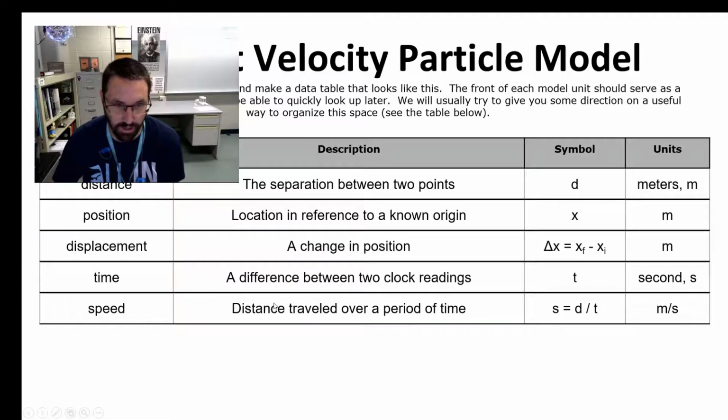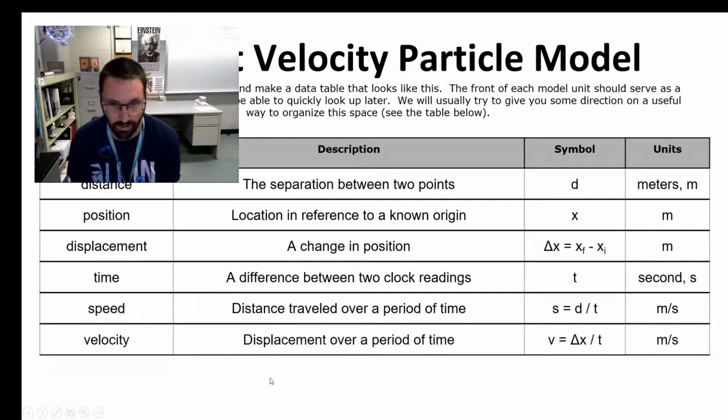And then the last major physical quantity we're going to be looking at is velocity. Velocity is your displacement over a period of time, also measured in meters per second. So the formula is v equals change in x divided by t. Speed can never have a negative value because it's always distance, and distance can't have a negative value.